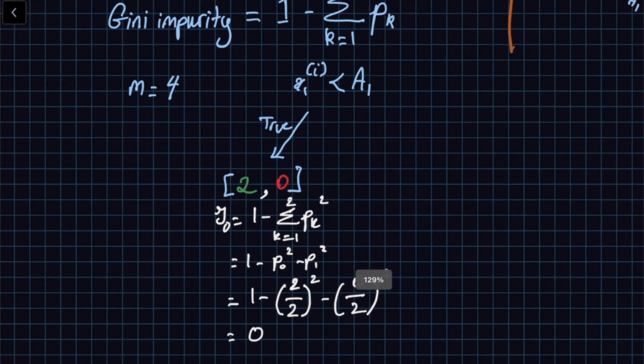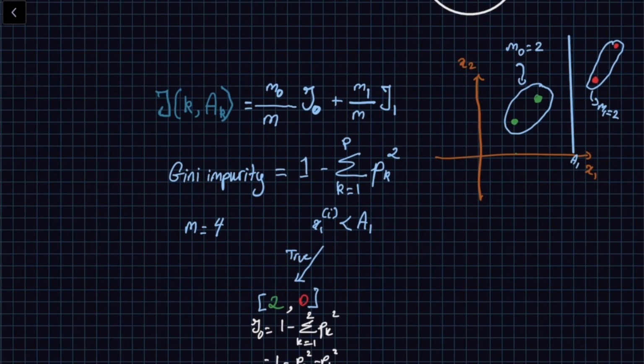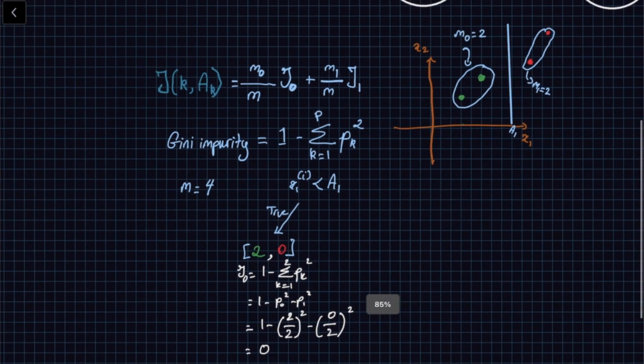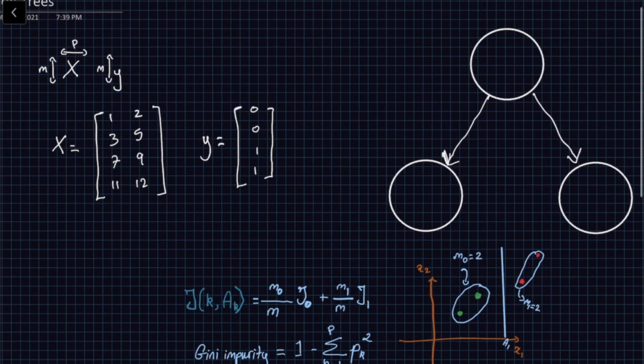So over here, your J0 at this particular question, at this particular node of the tree. So each node of the tree that you see over here, we're going to fill them up along the way. This guy over here is asking, is x1 less than A1?